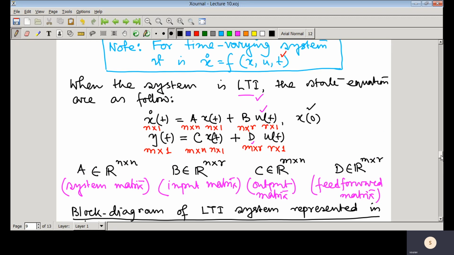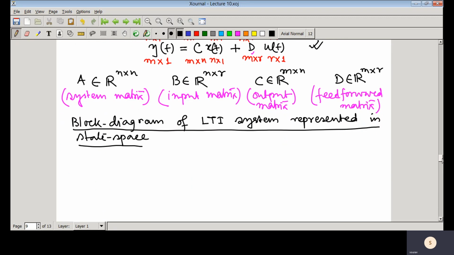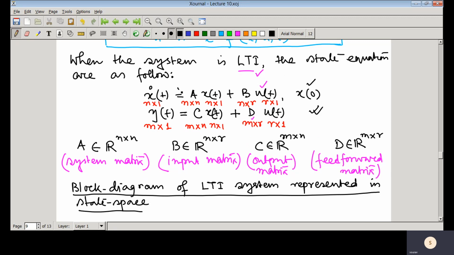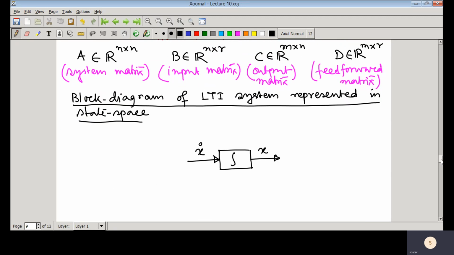So let us see. This is that state space representation. So then start with that integrator. Here you have that state vector x dot, and if you take integration, then you have that x. So now just look at this first equation here. x dot equal to Ax(t) plus Bu(t).